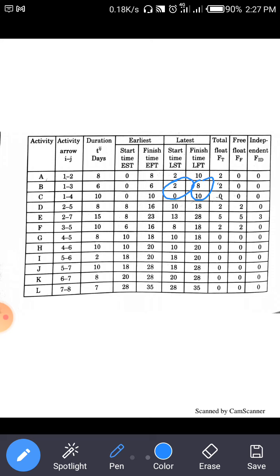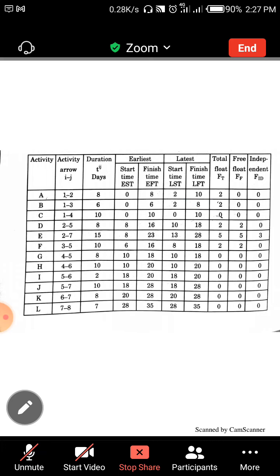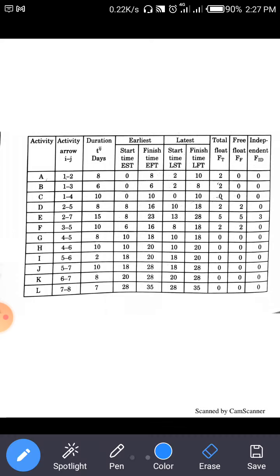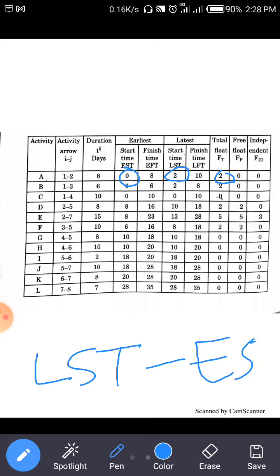So the equation for total float is latest starting time minus earliest starting time.